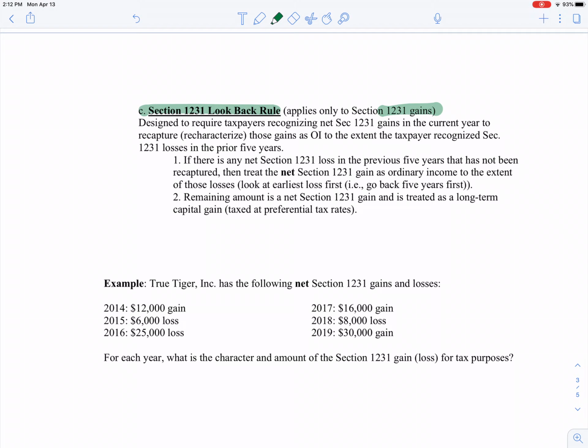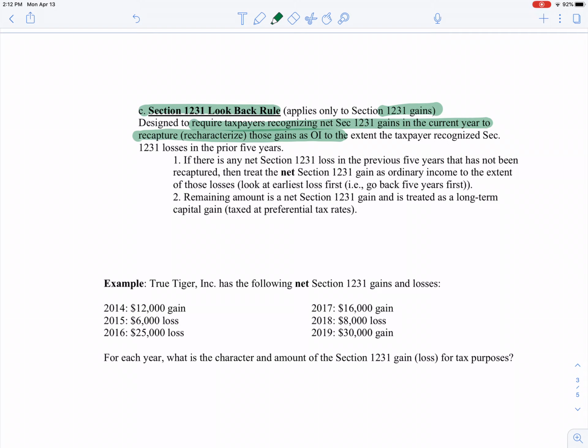So it's designed to require taxpayers to recognize gains in the current year. And if you've taken that ordinary loss deduction because you've had a 1231 loss before, then we're going to require that you recharacterize the gain as ordinary income.